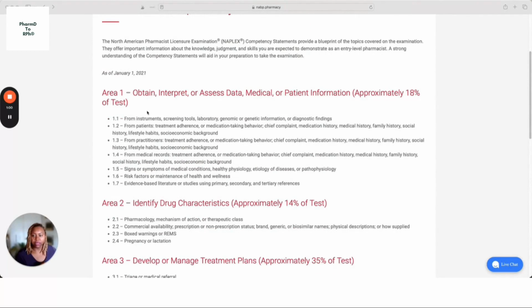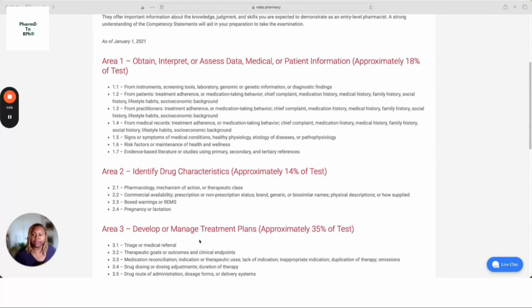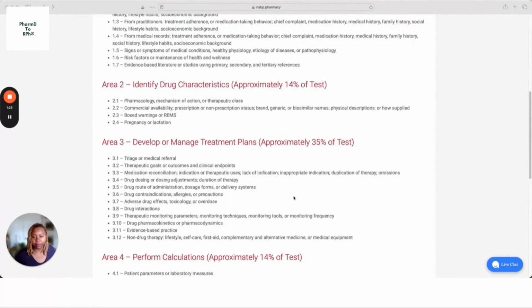If you look at this, area 1, area 2, and area 3 are a lot of disease state chapters. All the different disease states are the majority of your exam. If you calculate 18 plus 14 plus 35, this is going to be 67% of your exam.